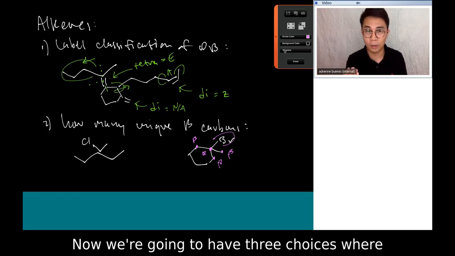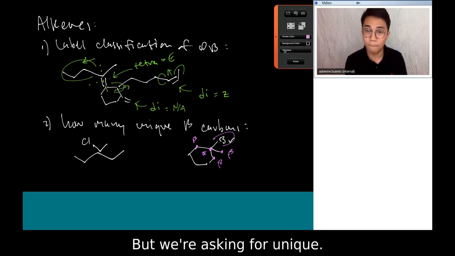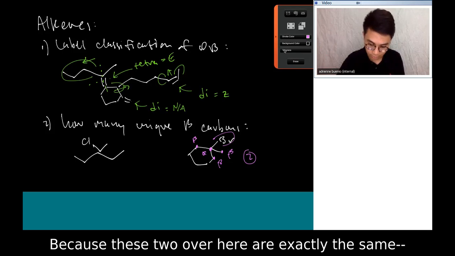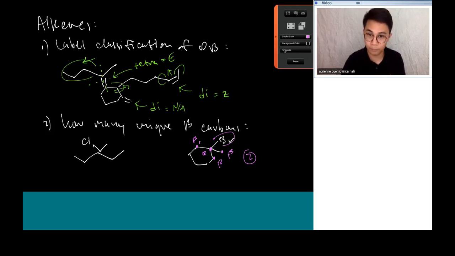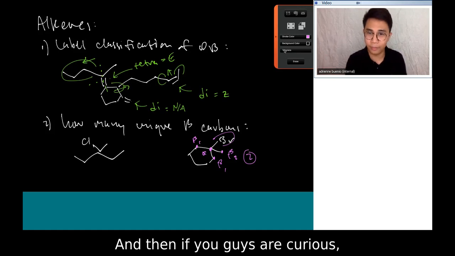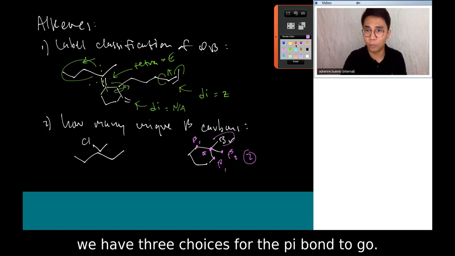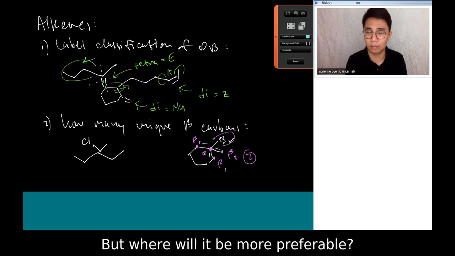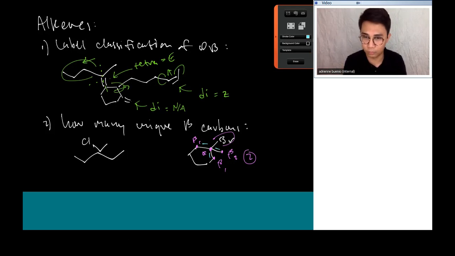We can have three choices where that double bond can be, but we're asking for unique. So we should have only two unique beta carbons because these two over here are exactly the same. B1, B1, B2, right? And if you guys are curious, we have three choices for the pi bond to go, and it can be between these two over here or over here, right? But where will it be more preferable?